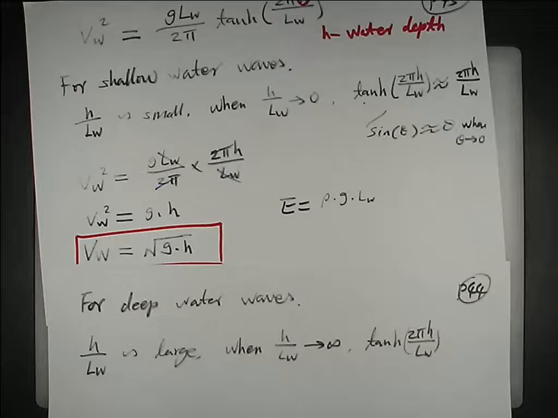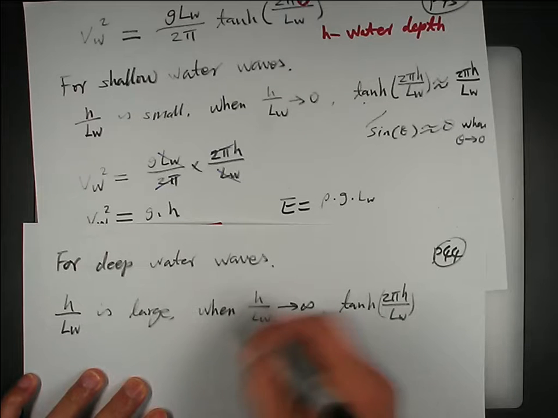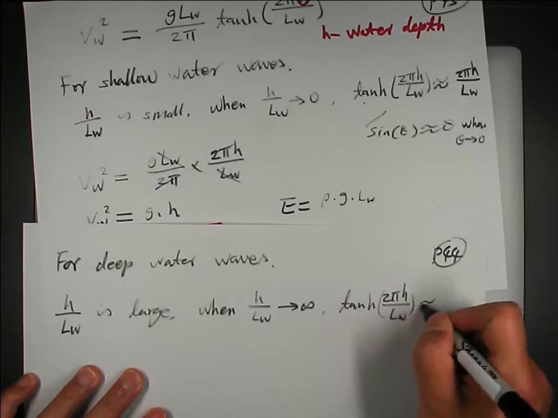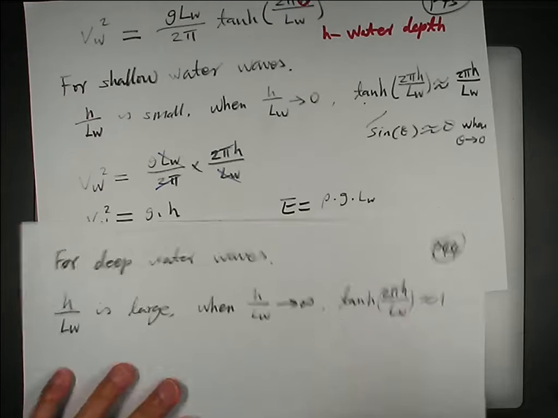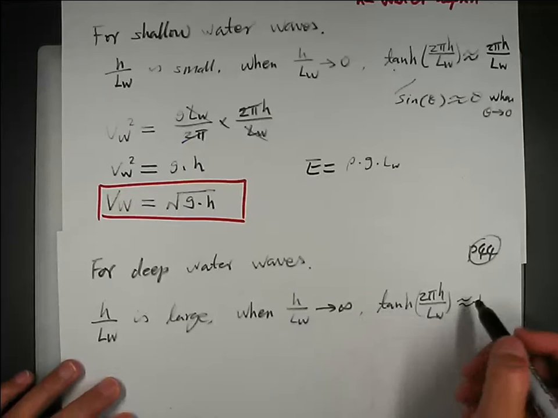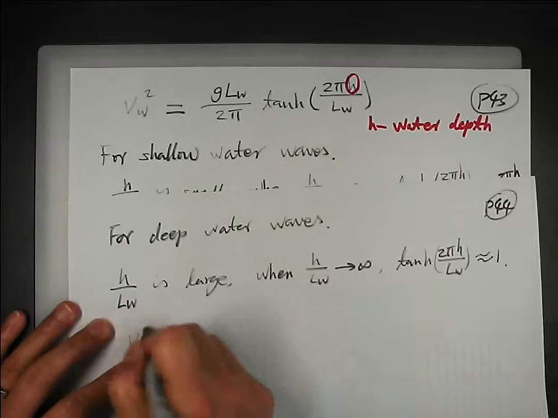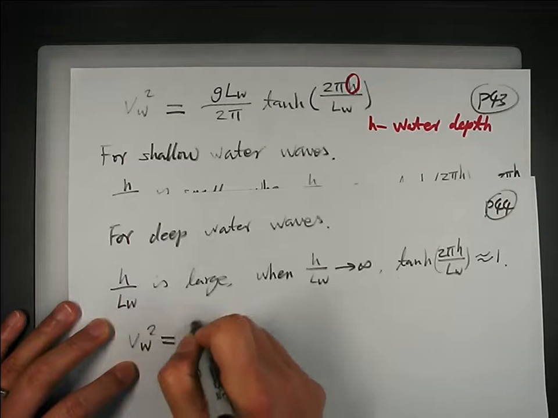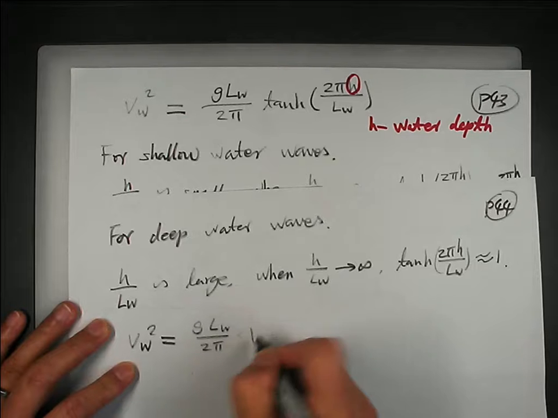Okay. And when it tends to be a very large value, then this can be approximated by 1. Then we substitute this value 1 into the velocity equation. V W equals the square root of g L W over 2 pi, then times 1, okay?